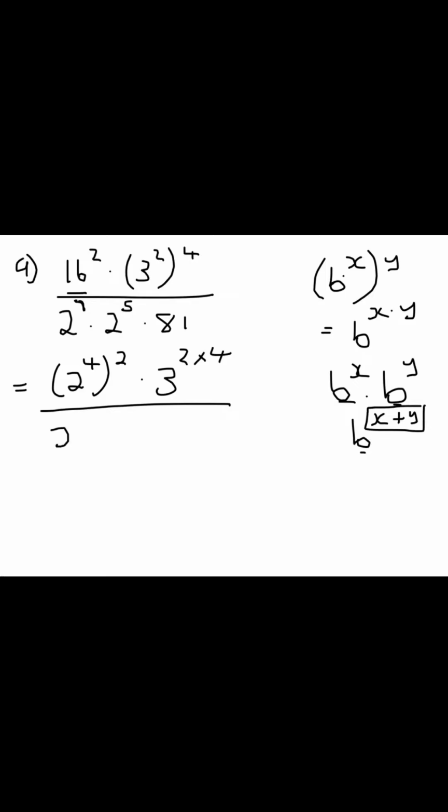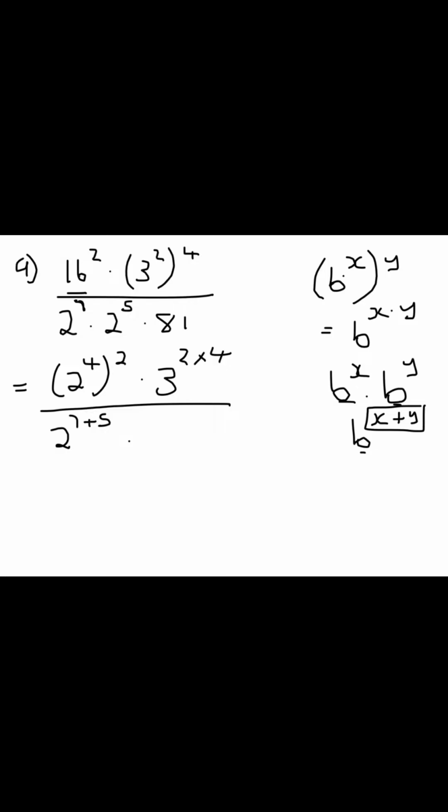So you see there the base is 2. I'm no longer going to write 2 of them, but I'll just write 1 and then take those exponents and add them together. Then this big base being 81, we need to rewrite it in the form of a base and an exponent.